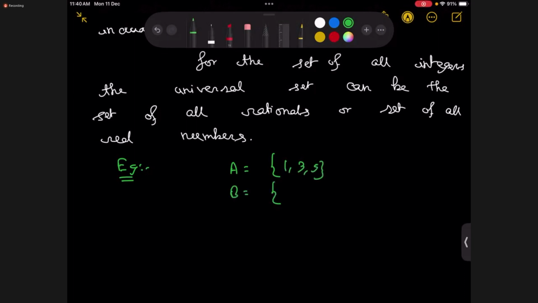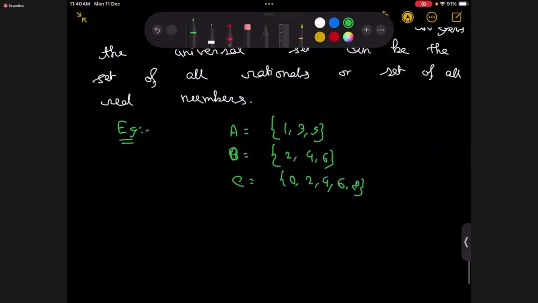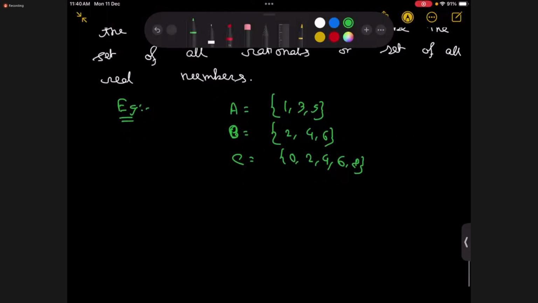B is the set 2, 4, 6, and C is the set 0, 2, 4, 6, 8. Now we have to find which one is the universal set of these sets.